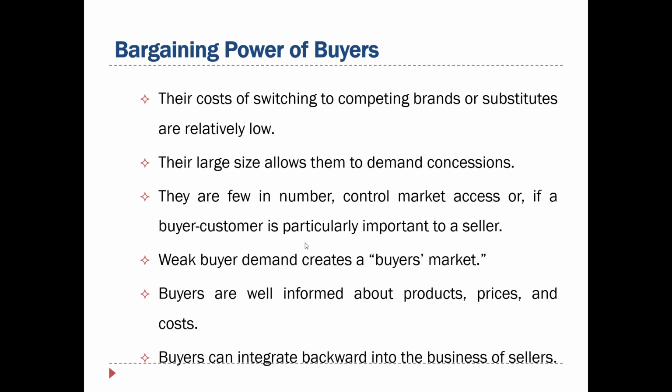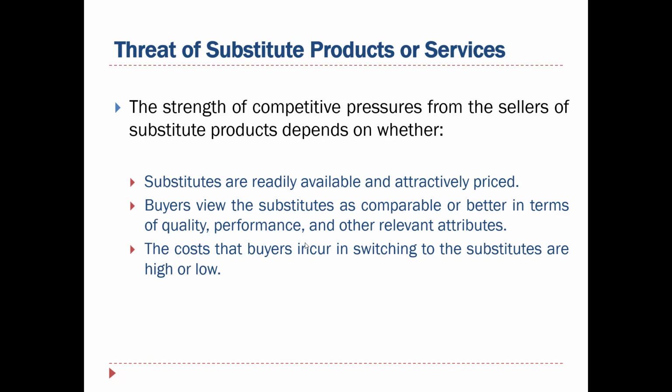If you have more of a buyer's market, so you hear things like there's more supply than there's demand, then your buyers will have more power. Okay, so again, the final place we want to always be is a position where our buyers do not have more power than us. Now, the next angle to Porter's is a threat of substitute products or services.